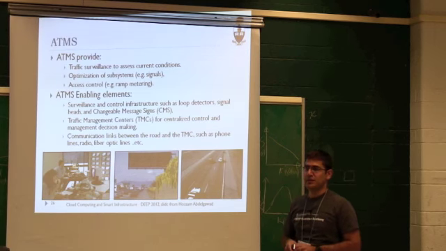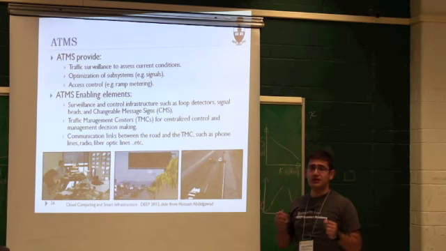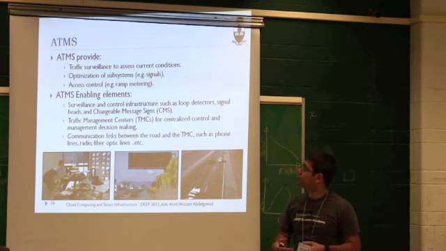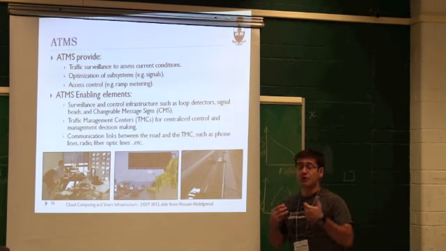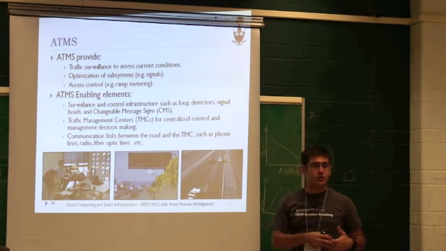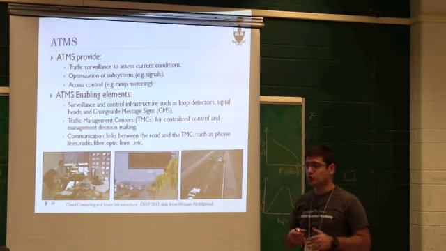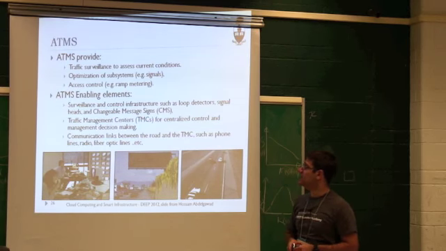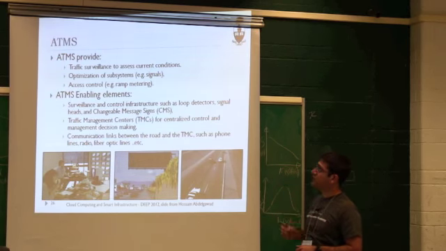That simplifies some of the detection. Optimization of subsystems, so the signals that you have within your system. Access control, so ramp metering, whether people should be left to go onto the highway or whether they should wait a bit before accessing the highway in order for us to remain in the uncongested state here.